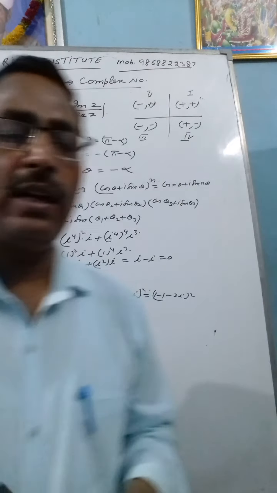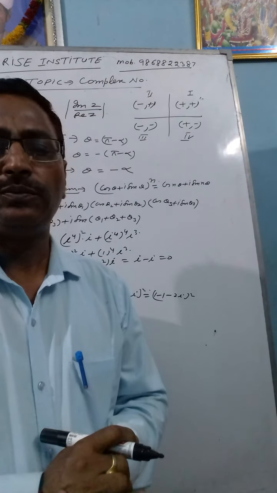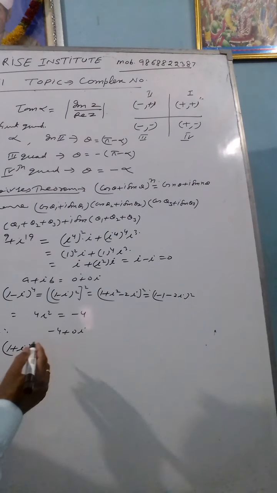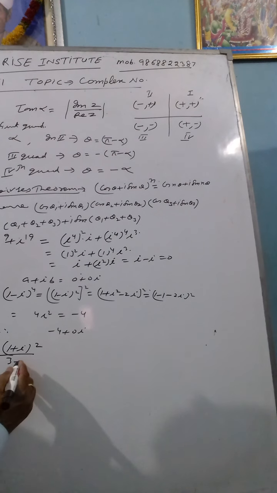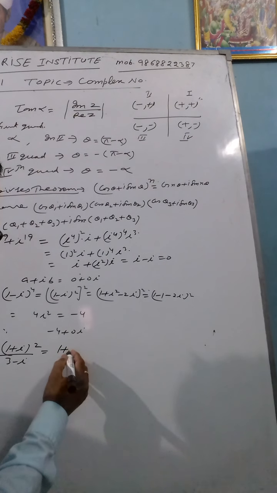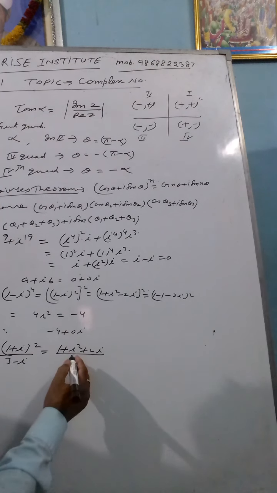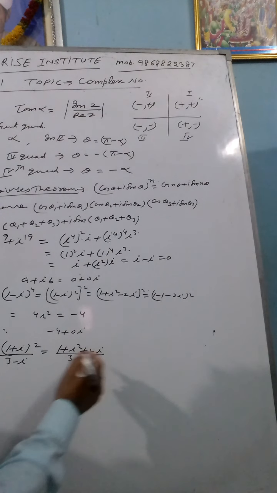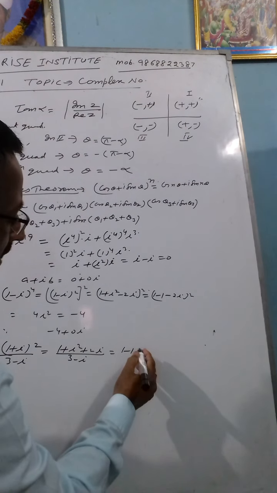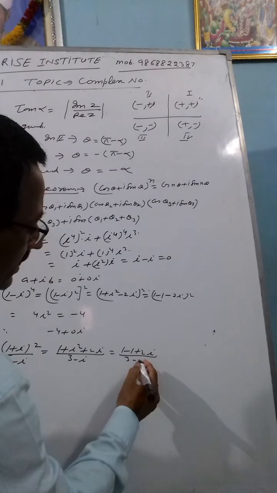Okay students, next take some more examples. Question number 3: (1 plus iota) whole square upon (3 minus iota). Then (1 plus iota square plus 2 iota) upon (3 minus iota), that is (1 minus 1 plus 2 iota) upon (3 minus iota).